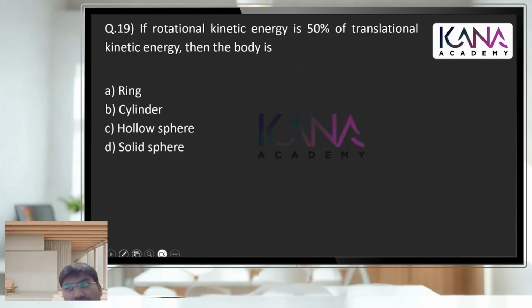The rotational kinetic energy is 50% of the translational kinetic energy. Then we need to find the shape, I mean what type of body it is. So for rolling, K rotational by K translational is I omega square by m v square.